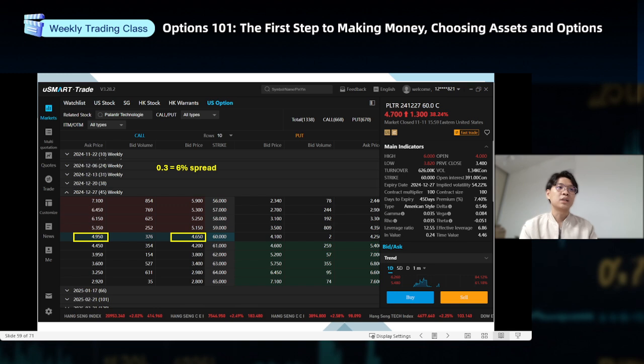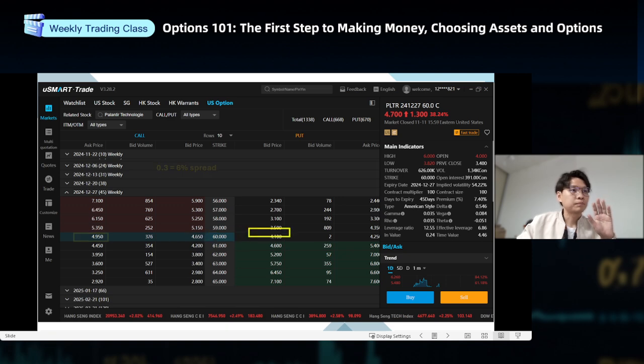And for me personally, my tolerance for the spread will be around 5%, though 6% is actually also okay since this is highly traded, has high liquidity, and is an active stock. So 5% will be the most suitable spread for this filter.